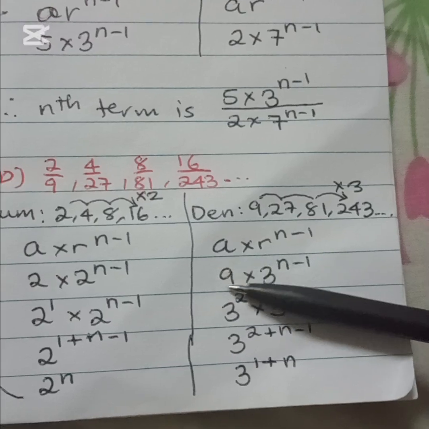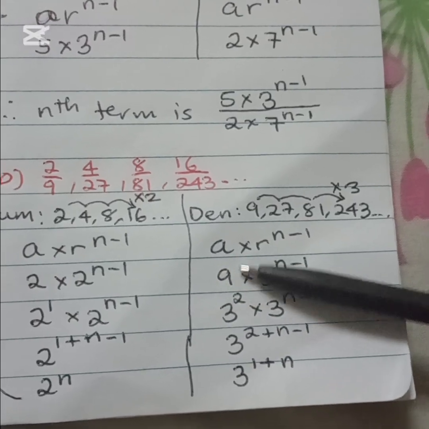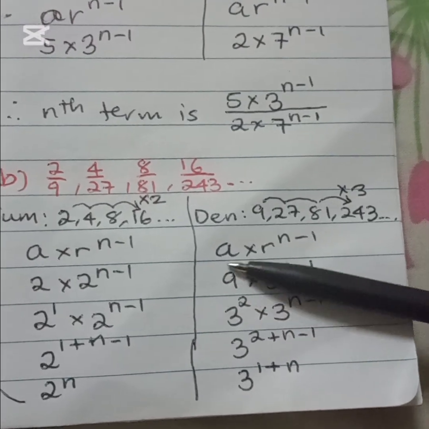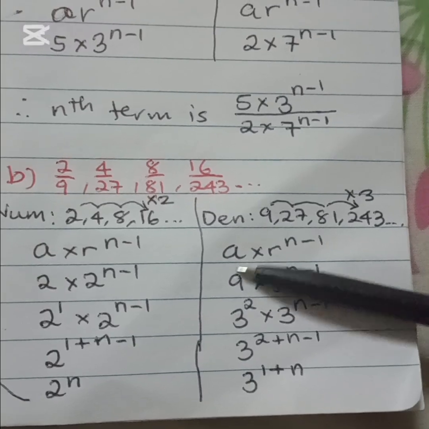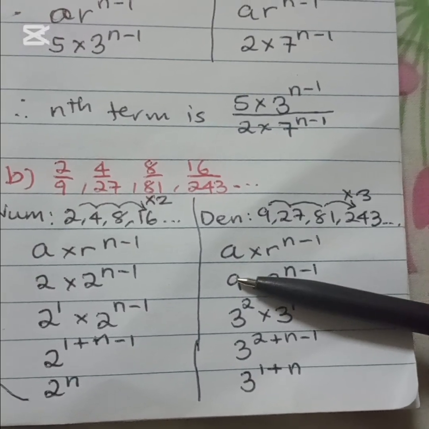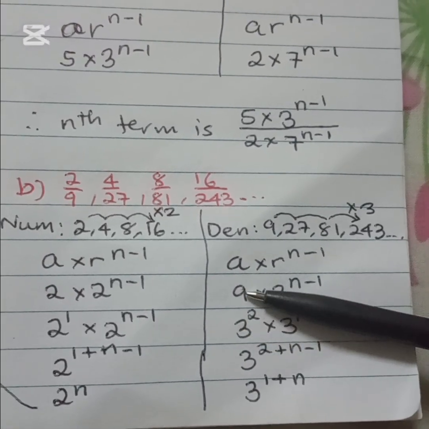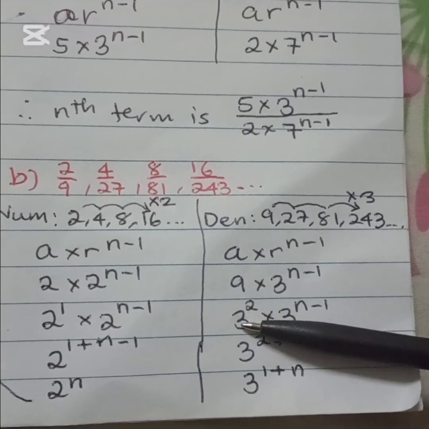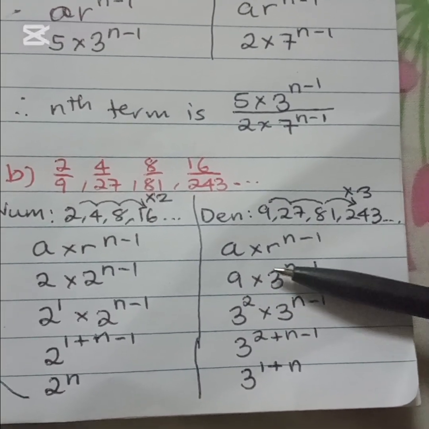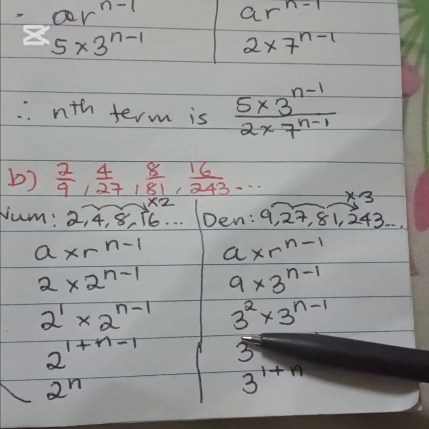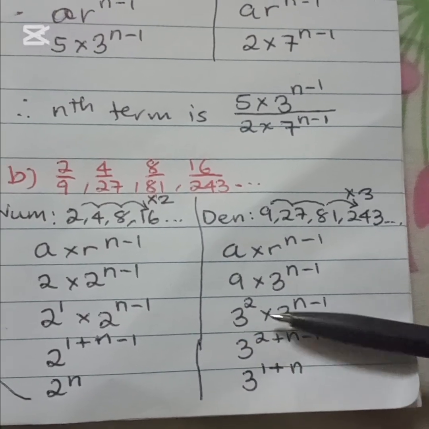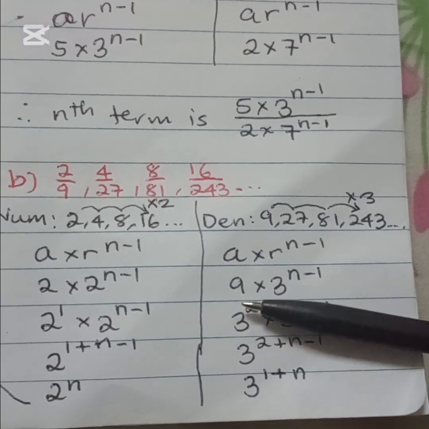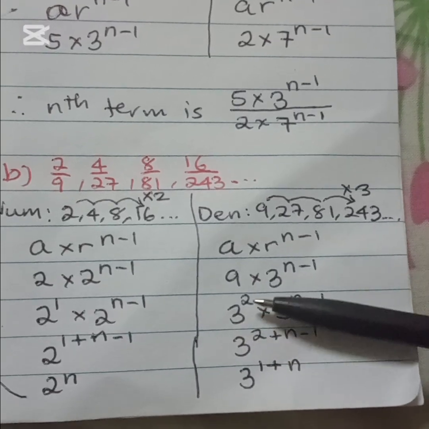Now 9 can be written as a product of its prime factors. In other words, you can write 9 with a base of 3 to match this base. So in order to simplify it down, 9 is the same as 3 squared.